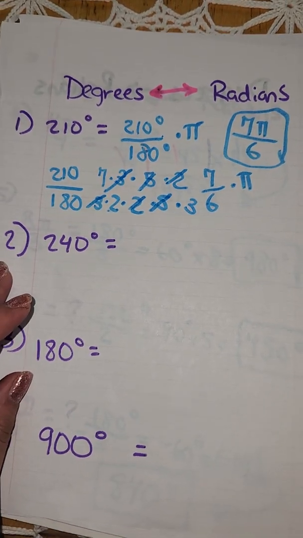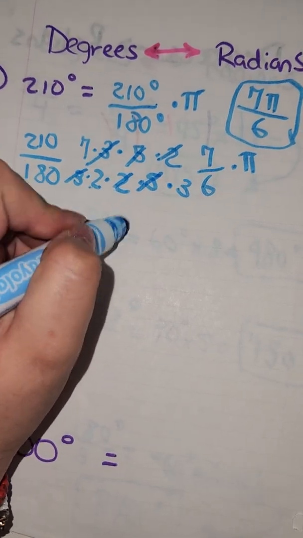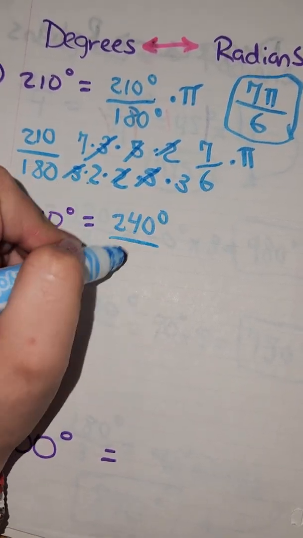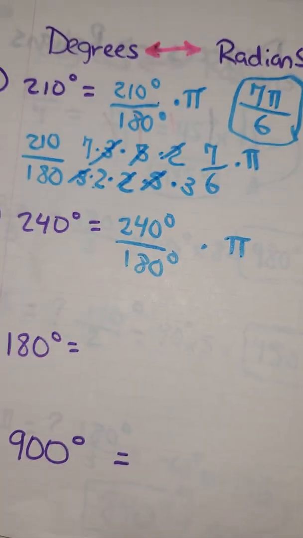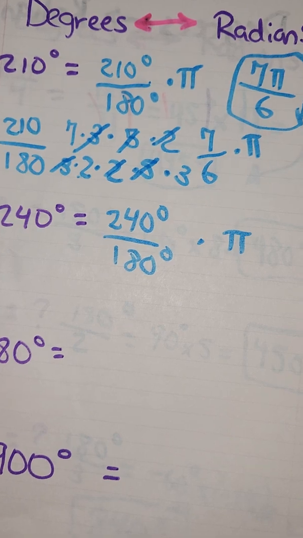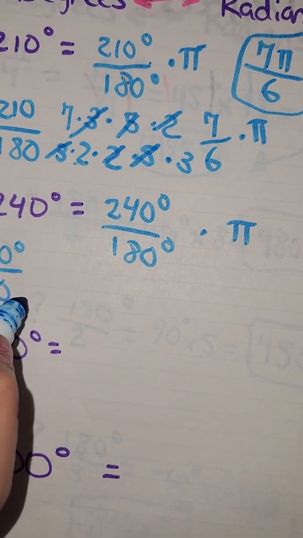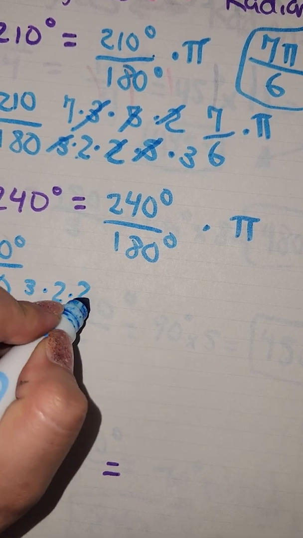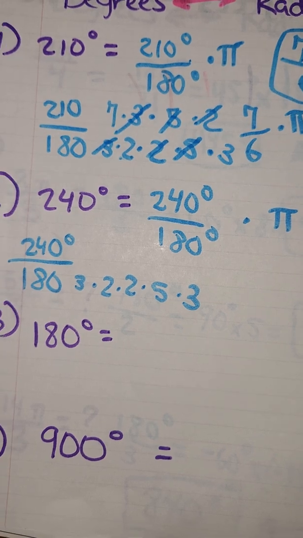Now I'll work number 2 the same way. 240 degrees over 180 degrees times it times the pi. 240 over 180. We know that 3 times 2 times 2 times 5 times 3 is 180.